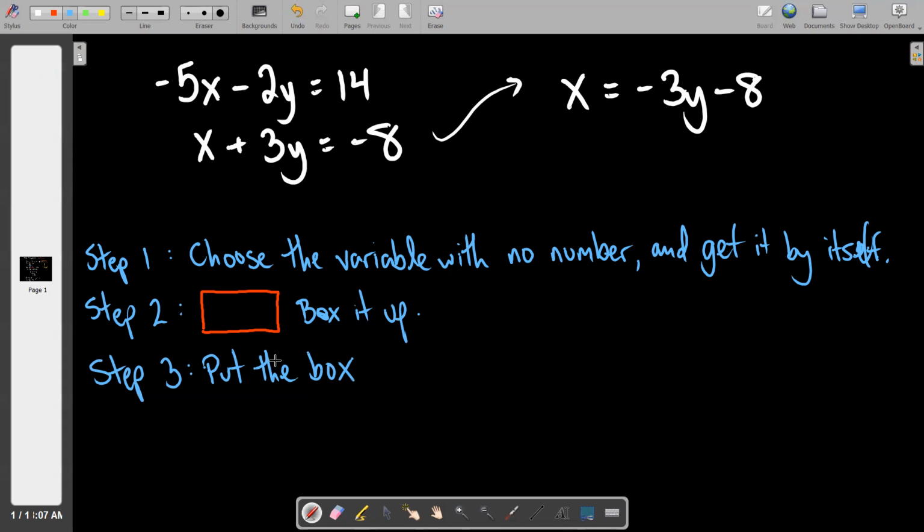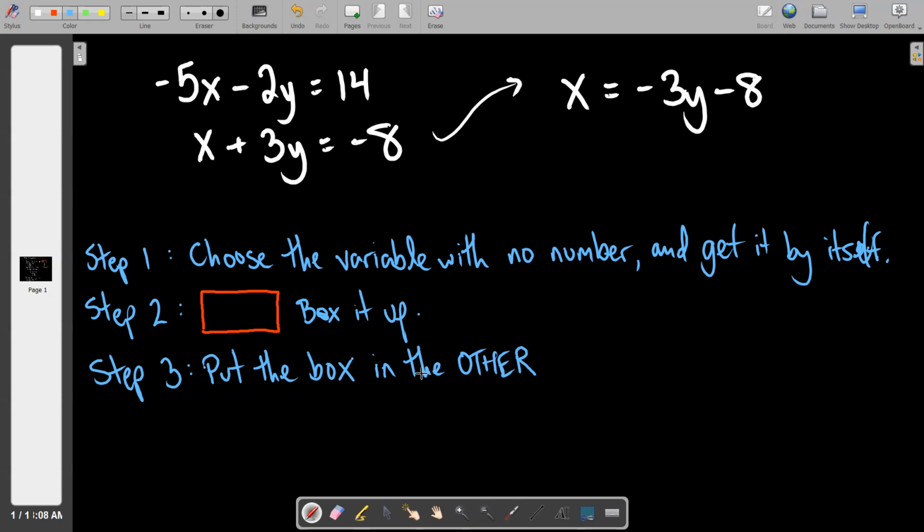So I'm going to say put the box in the other equation. I'm going to use caps lock on the word other to make sure that we don't do anything crazy like put it back in the same equation. That's no bueno, right? You got to go in the other equation.